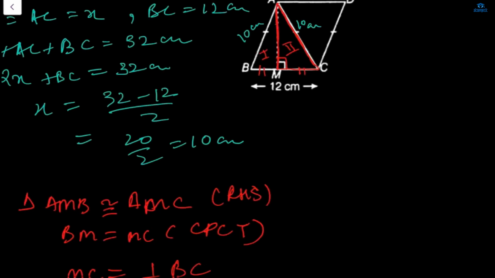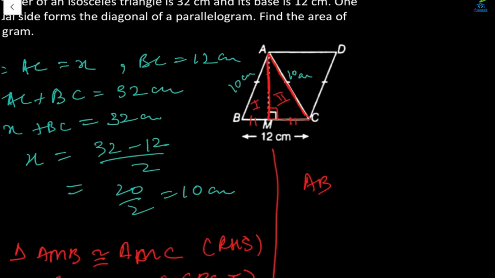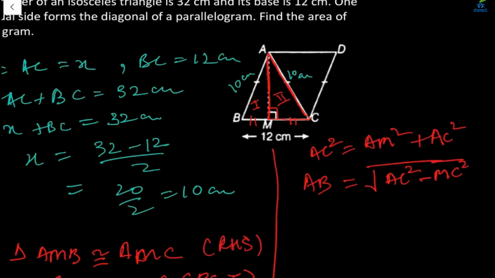Now we need to find out the value of AM. So AM value will be equal to root of AC square minus MC square. Actually, AC square is equal to AM square plus MC square.